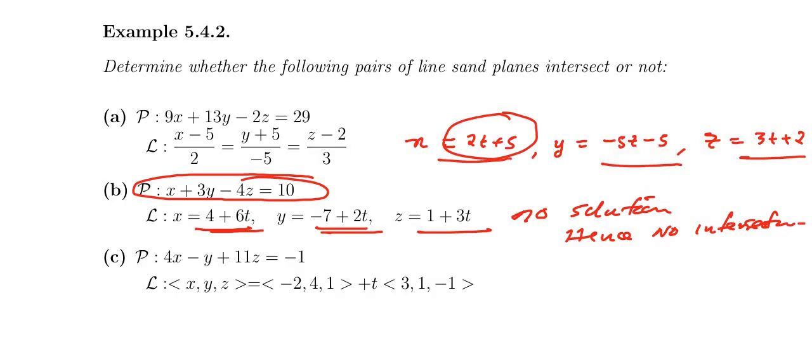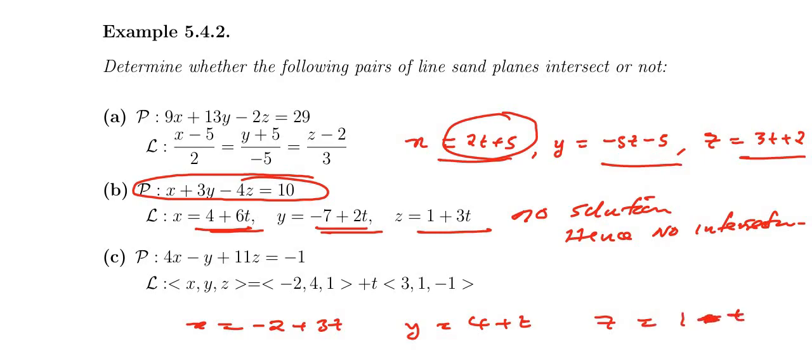The same applies to the last one. This is already parameterized, so x is equal to negative 2 plus 3t, y is equal to 4 plus t, and z is equal to 1 minus t.